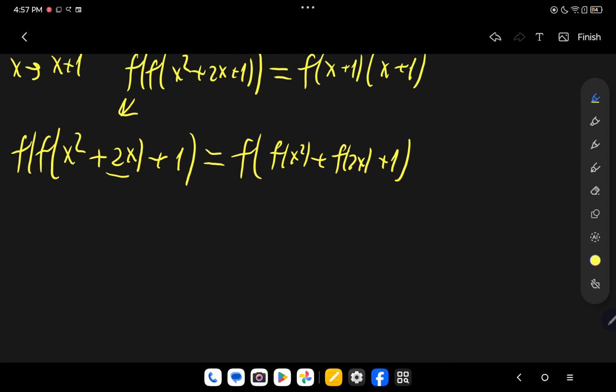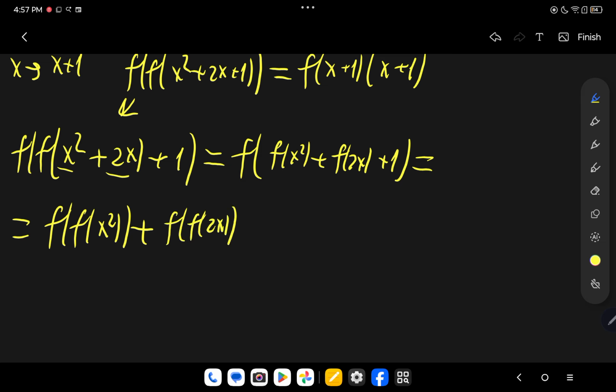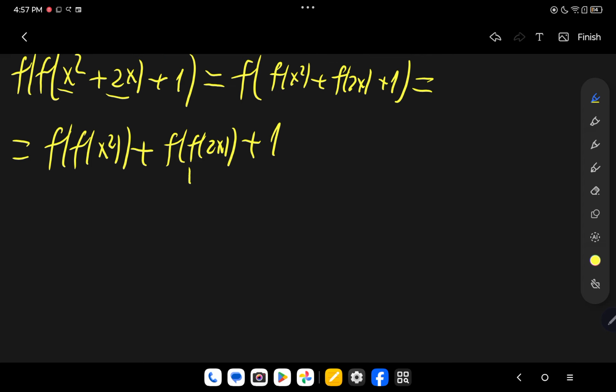So we can separate these two, and we can also use Cauchy here, and we will get that this is equal to f(x squared) plus f(f(2x)) plus f(1), which is 1, and this is equal to f(2f(x)), which is the same as 2f(f(x)).